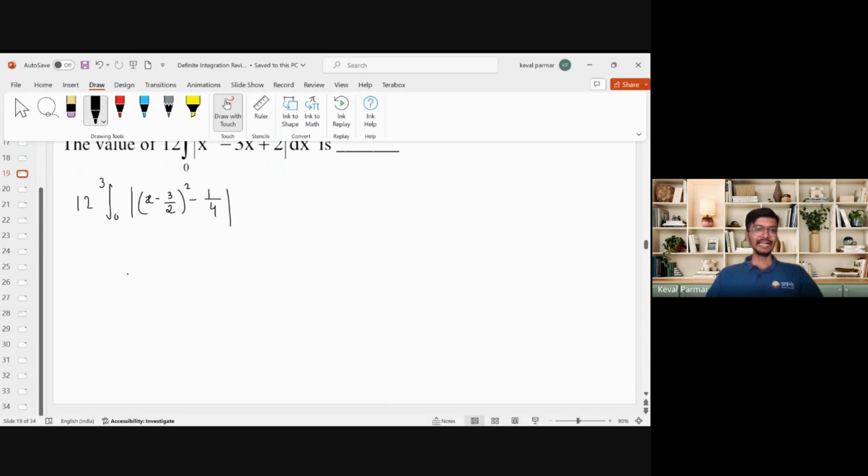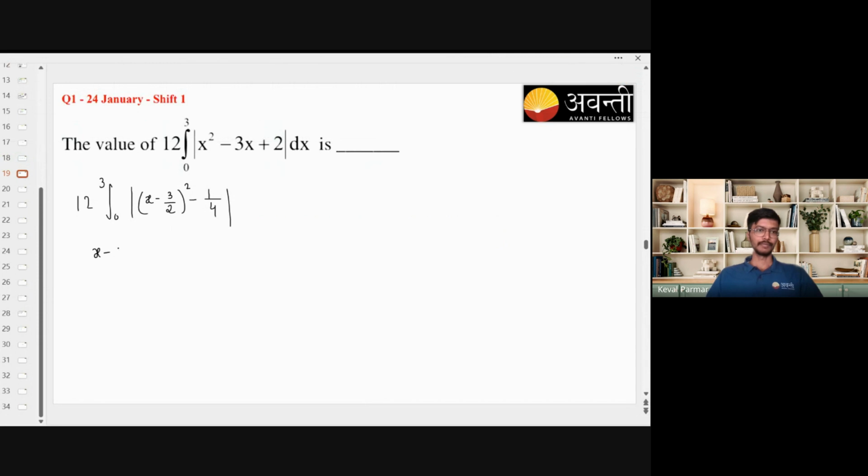Now we can substitute x minus 3 upon 2 as t. Our limits will also change. This means dx will be equal to dt. There will be no change in dx, but there will be a change in the limits. So when x is 0, t is minus 3 by 2, right?